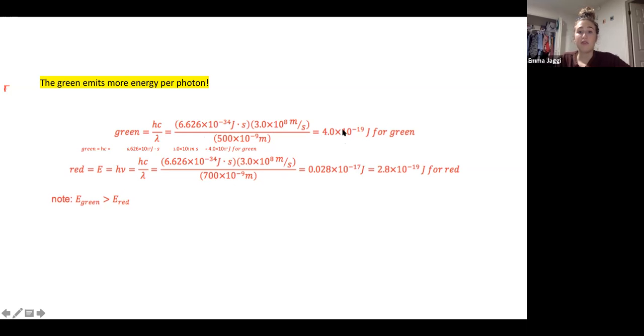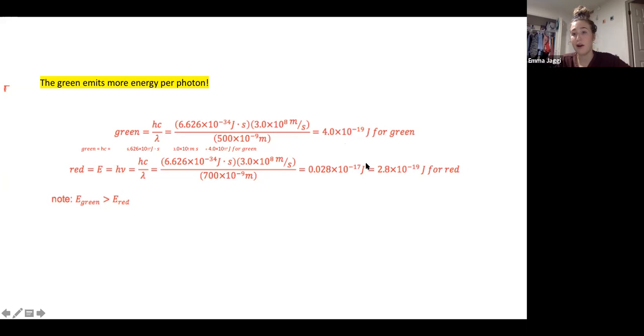So it's emitting 4.0 times 10 to the negative 19 joules for green, and it's emitting 0.028 times 10 to the negative 17th joules for red. Because of that, we can see that green emits more energy per photon.